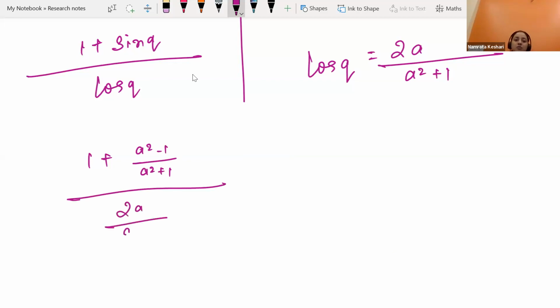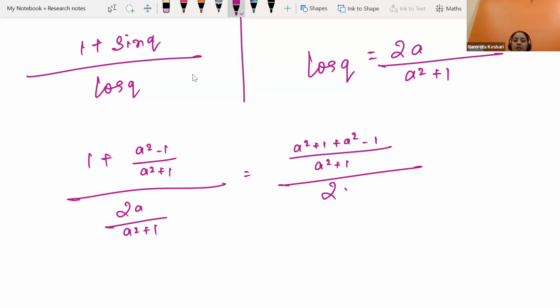So basically it's all about simplification. You have to take the LCM here, that is a square plus 1. Here we'll be having (a square plus 1 plus a square minus 1) over 2a by a square plus 1. 1 gone, we are having 2a square by a square plus 1.